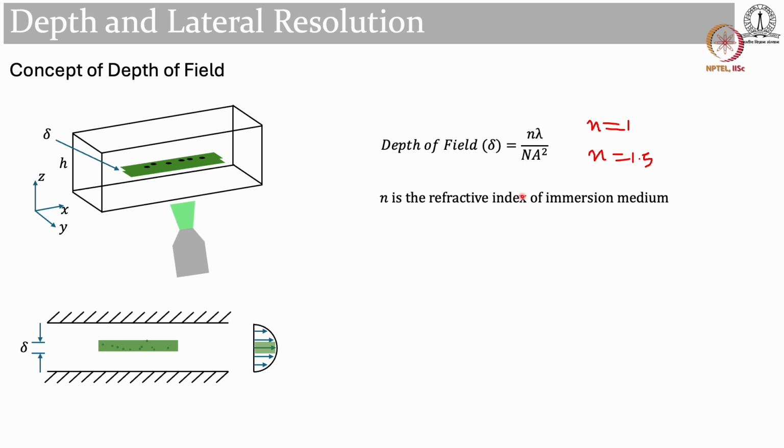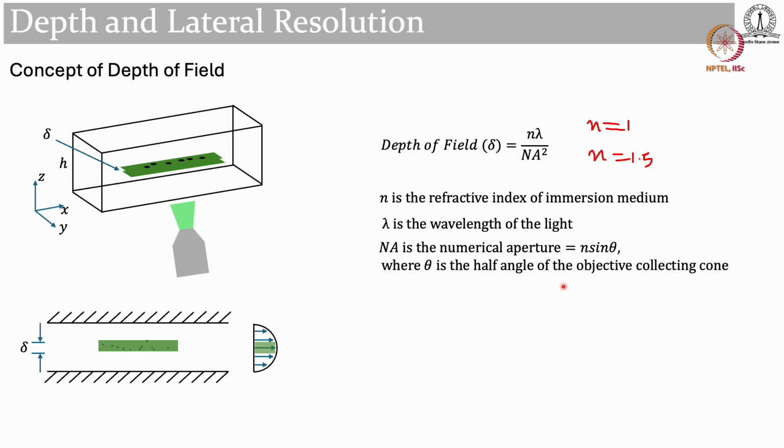So this is very important, and you can change these things as per your need during your experiments. And lambda is the wavelength of the light, and normally we use a green light, so it's around 532 nanometers. Then the numerical aperture NA is defined as n times sin theta, where theta is the half angle of the objective collecting cone.